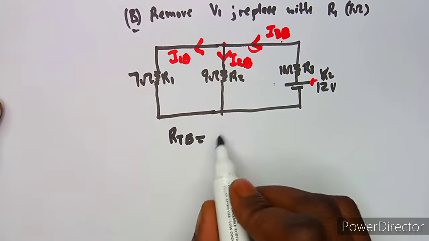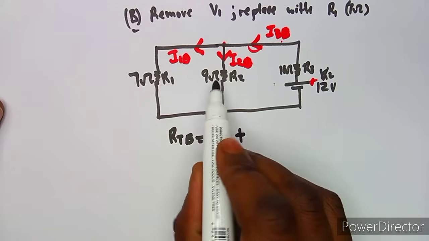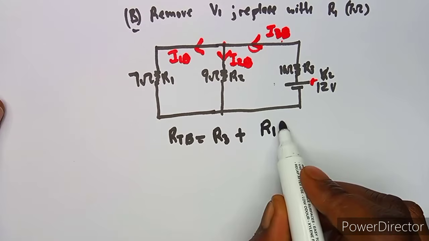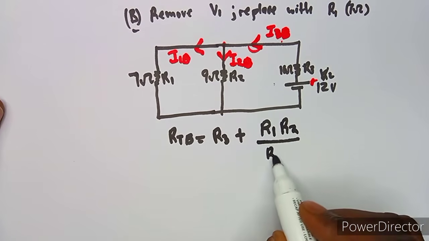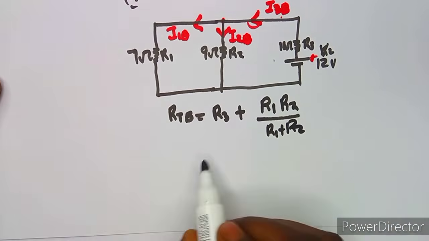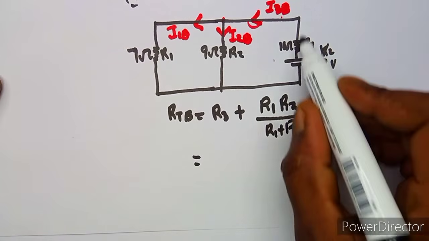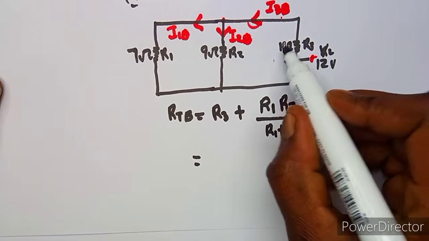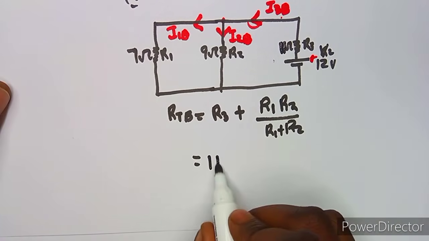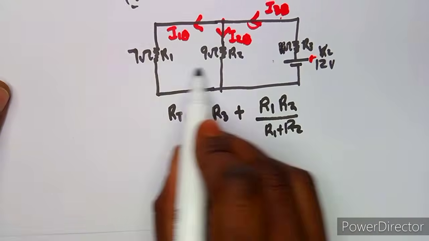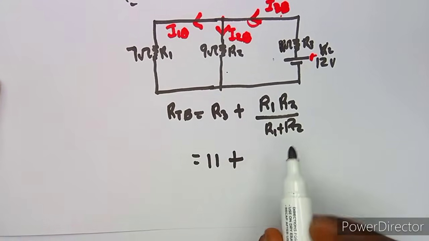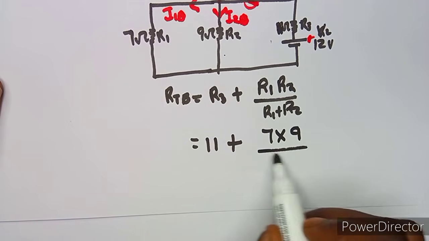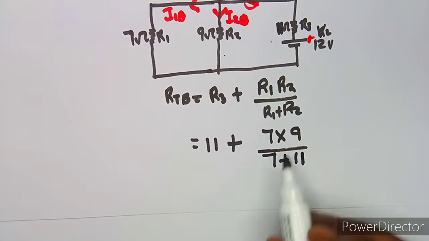So it's going to be R3 plus R1R2 over R1 plus R2. R3 is 11, plus the product of these two: 7 times 9 over 7 plus 9. So product over sum.